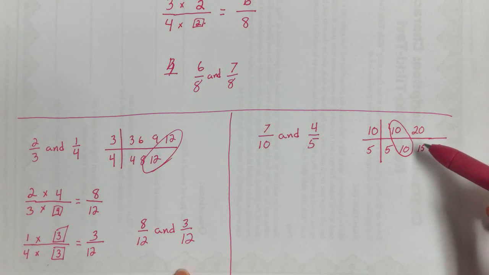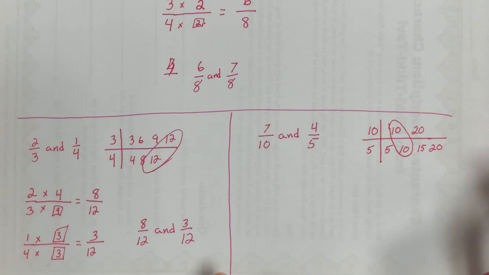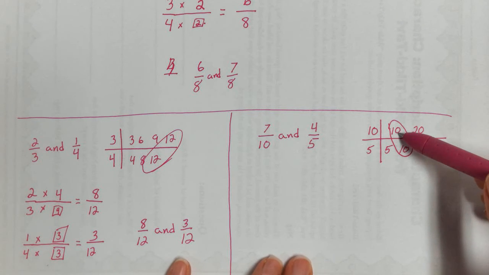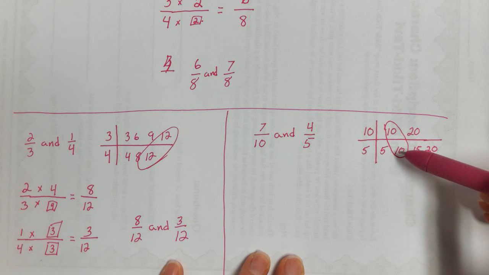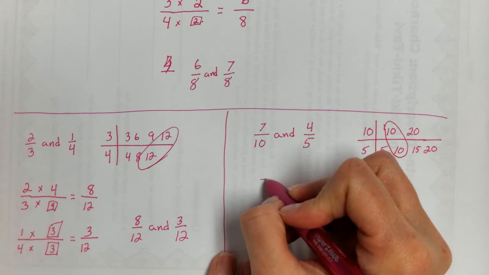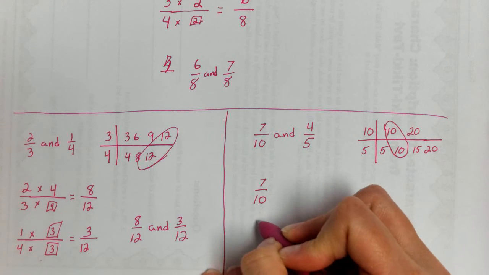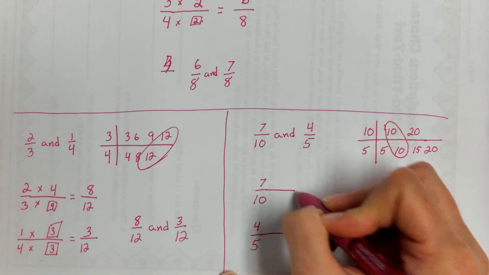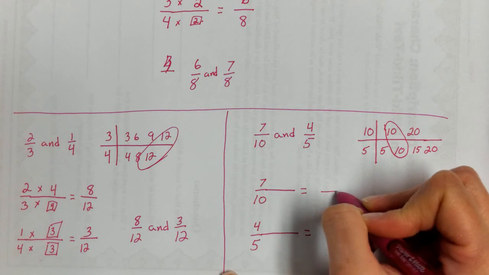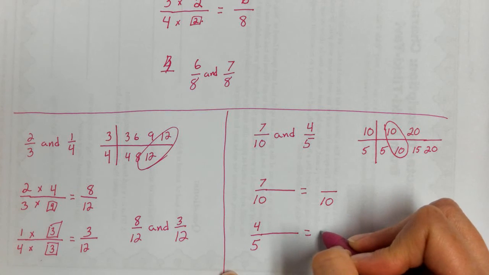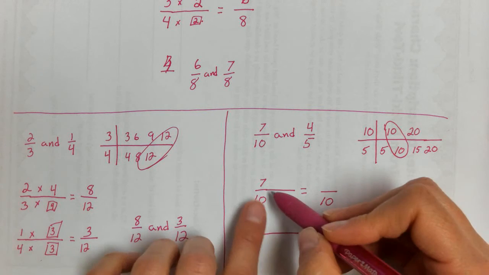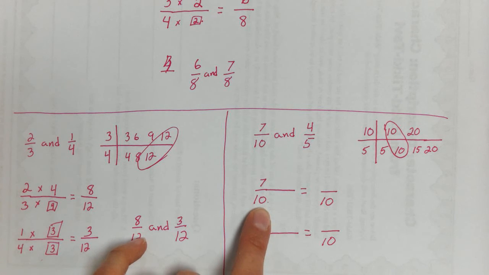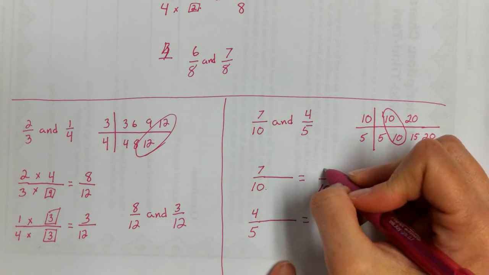All right. So now, this is where a lot of you are stuck. Once I have identified this lowest common multiple, that is my common denominator. Okay? So I need to take my 2 fractions, and I need to make equivalent fractions for both of them that have my common denominator. Now, do I have to do anything to 7/10? No, I can leave it just the way it is.